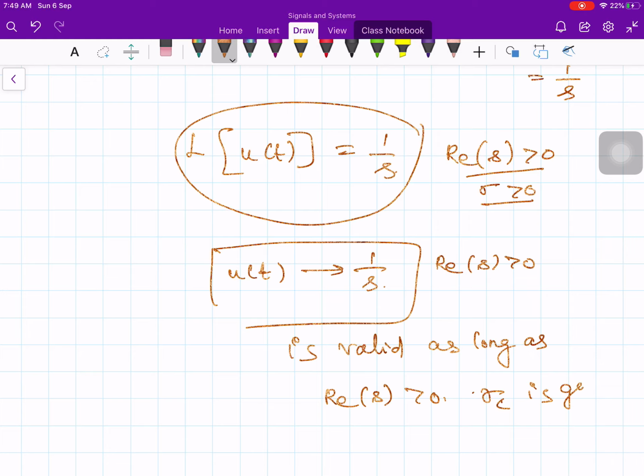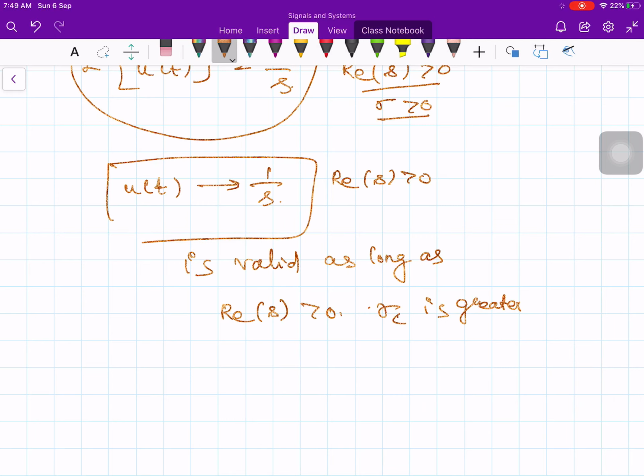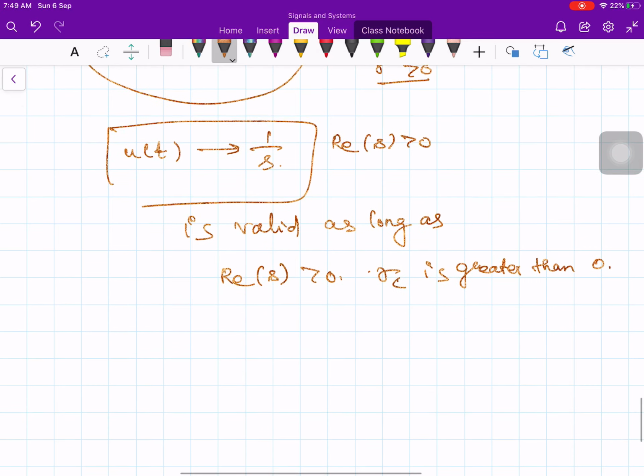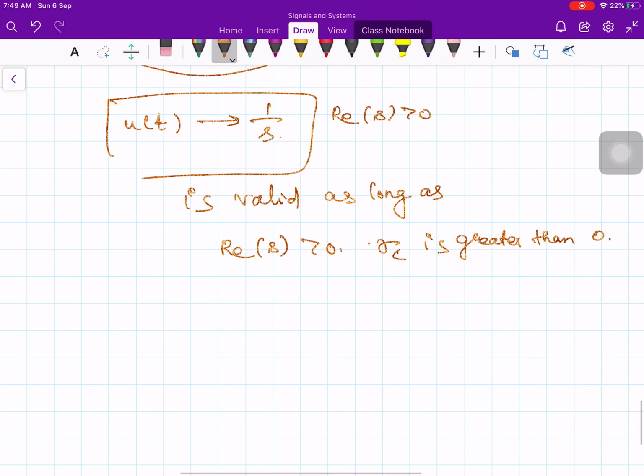See, this is a very important condition. That's why I am giving more stress on this. Otherwise it will lead to a lot of confusion. Greater than 0. Okay, so the real part of s must be some positive value which is larger than 0, of course. So these are the two important functions for which we have found out the Laplace transformation.